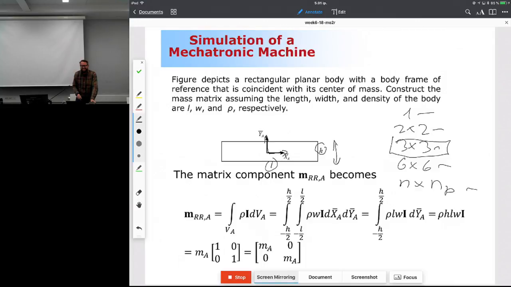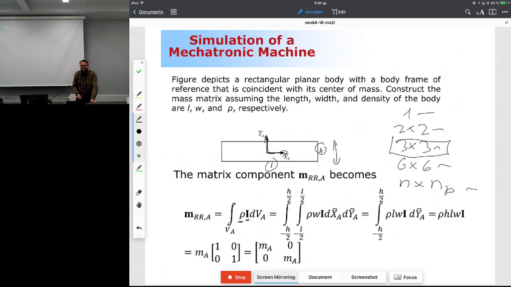The first submatrix we can compute is related to mass. We simply take the volume integral of the density of the body, with the identity matrix, which is a 2 by 2 identity matrix.